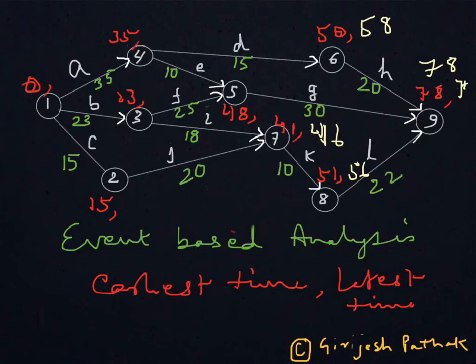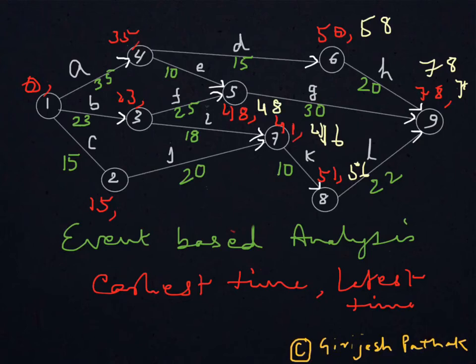Since G requires 30 days and you must get 30 days' time before 78 to finish G, so 78 minus 30, that is 48. So on node 5 you must be there latest by 48.